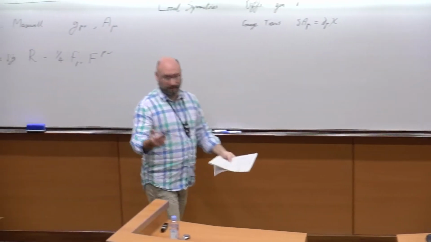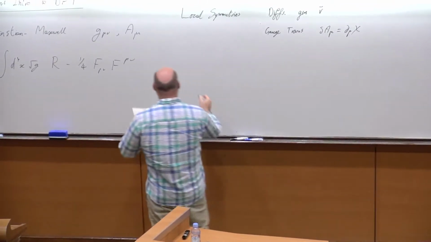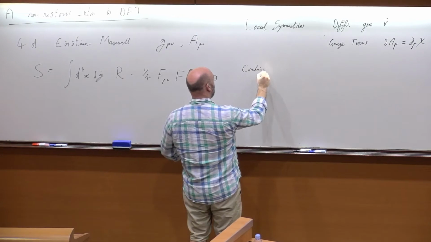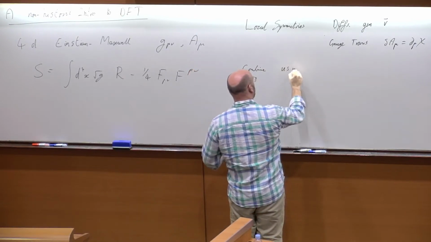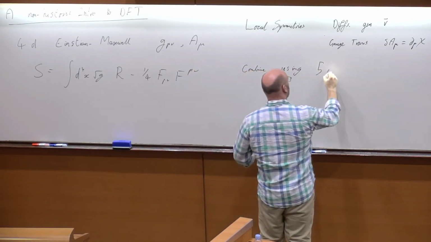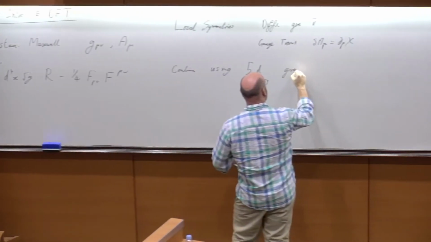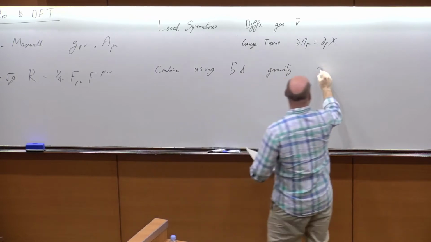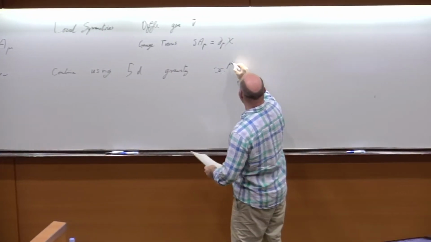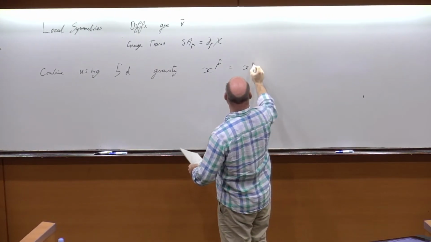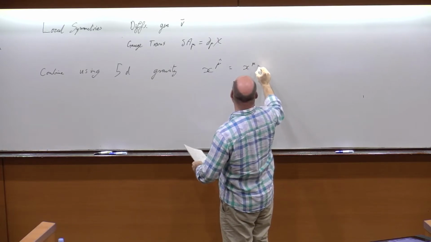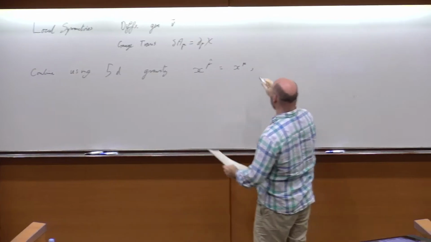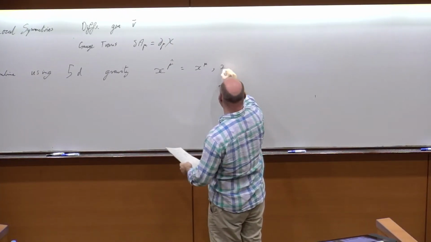And of course, the answer that we know is that we combine all of these using 5D gravity. So we have the combination of coordinates that eventually will allow us to combine this vector with this gauge parameter into one thing.